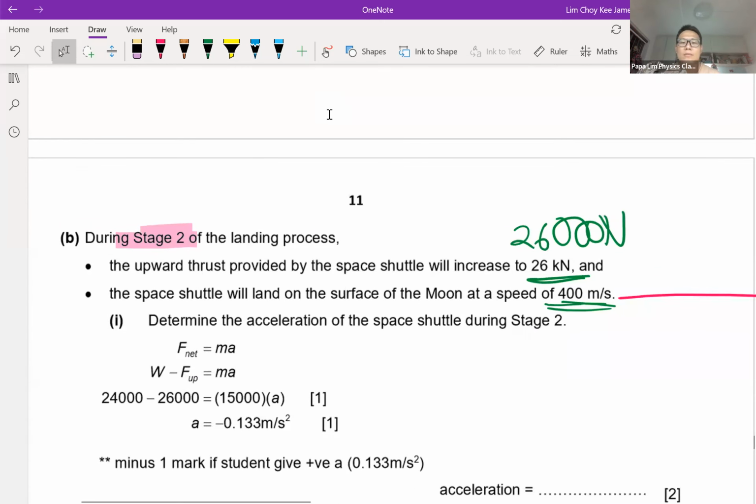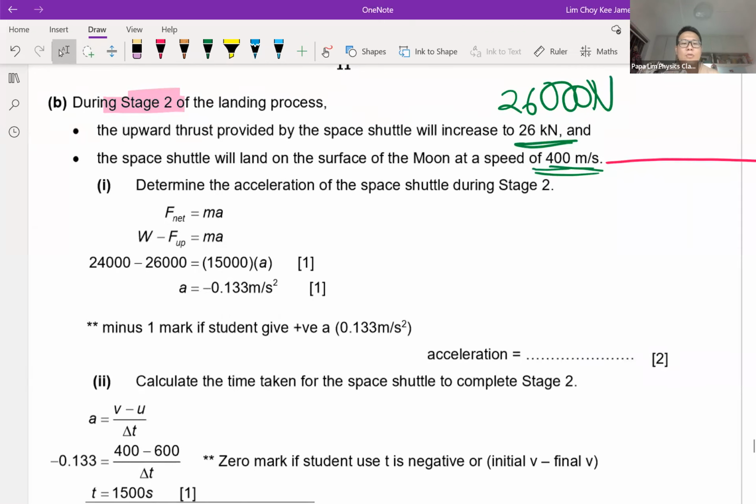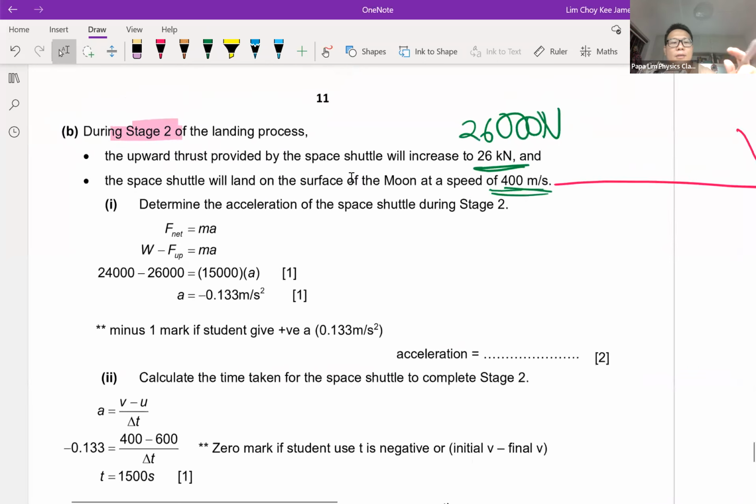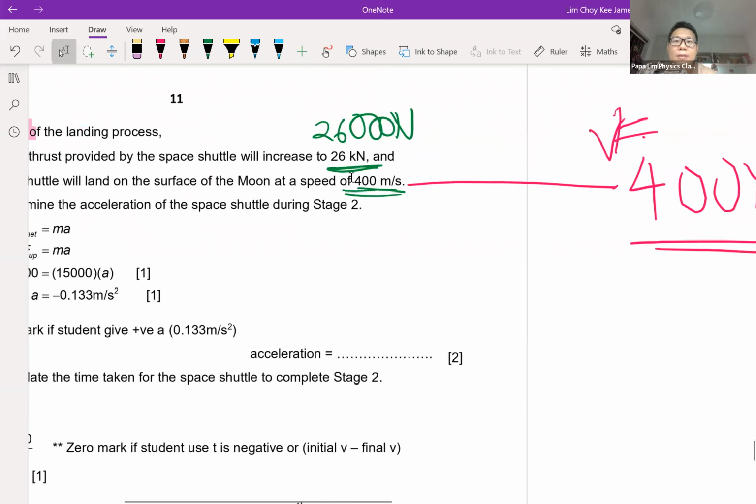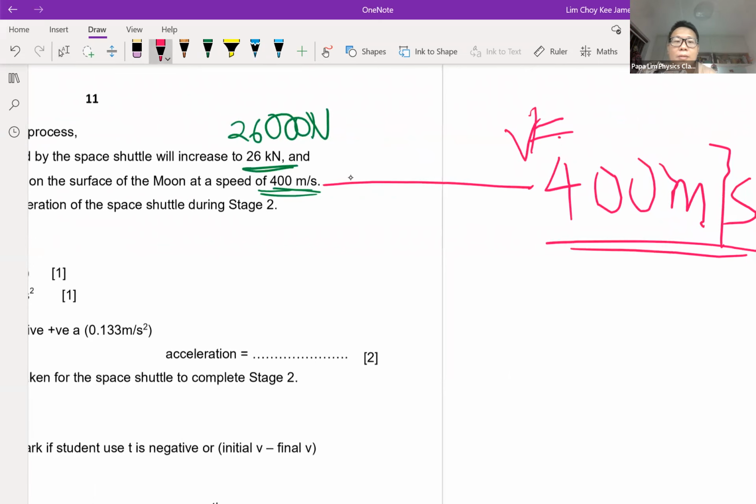Now so far, for the acceleration that we're looking at, there is a 600 to 400. Your original speed was 600 meters per second, and now you have 400 meters per second.